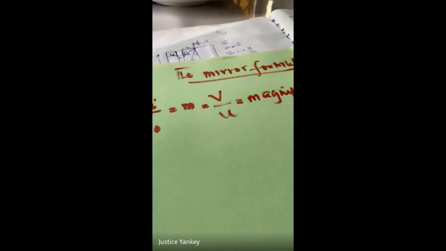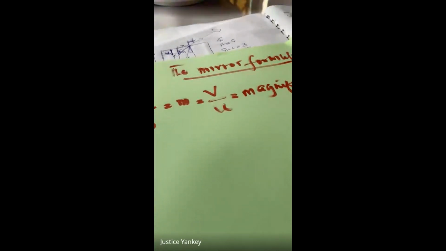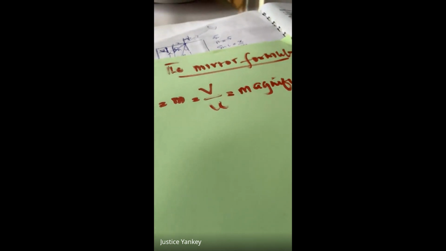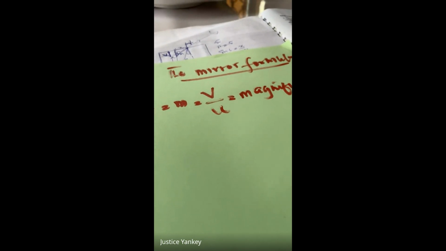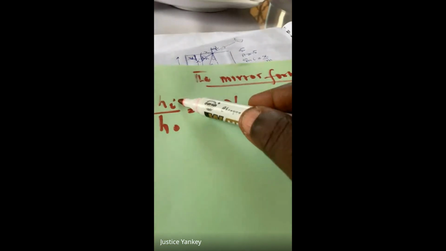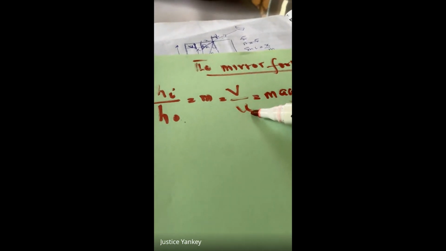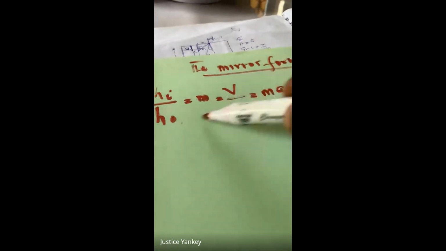So I'm talking of magnification. You are trying to find out the number of times the image is bigger than the object. It's size of image divided by size of object, height of image divided by height of object, h naught, image distance, which we usually call V, divided by object distance, which we denote by U. All these ratios give a certain number we call magnification.